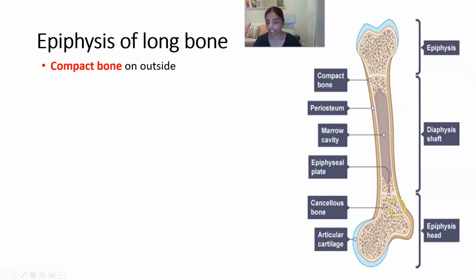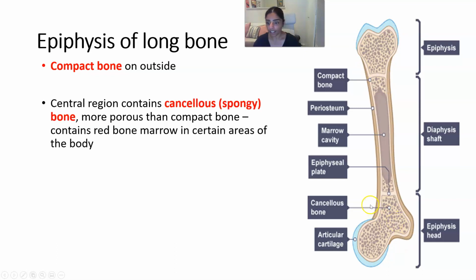So we can see that this dense line here around the outside, all of this stuff here is compact bone, and in the middle we have that cancellous or spongy bone. Now it's called spongy bone because it is more porous, and crucially, cancellous or spongy bone at the epiphyses contains red bone marrow.